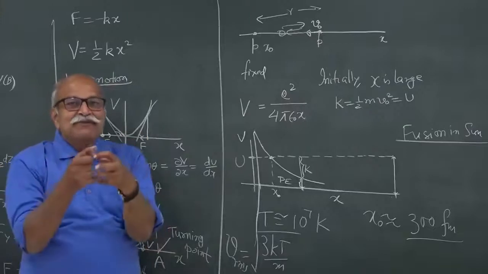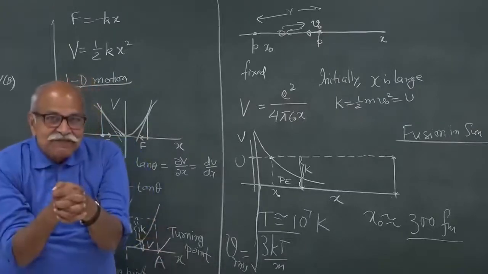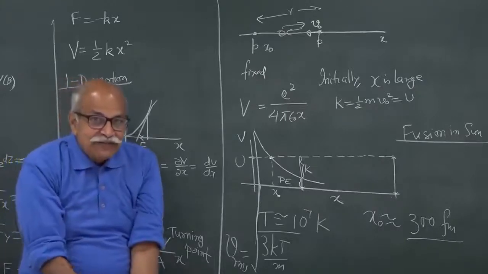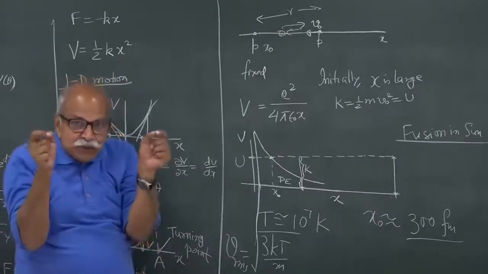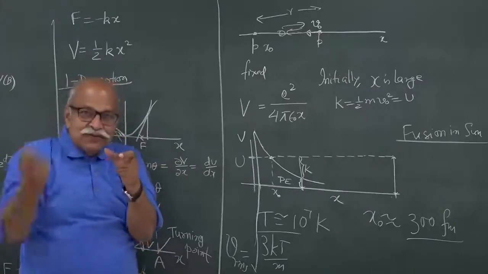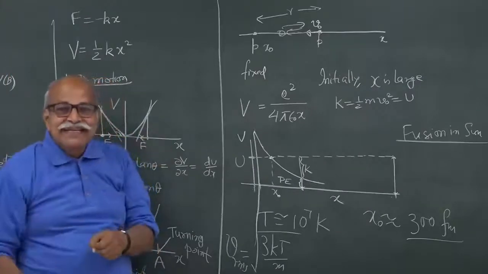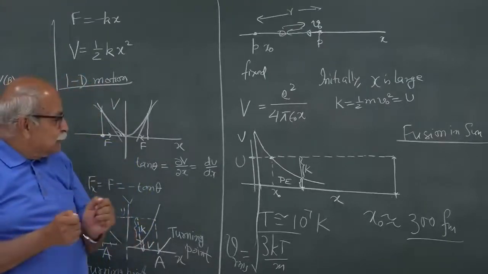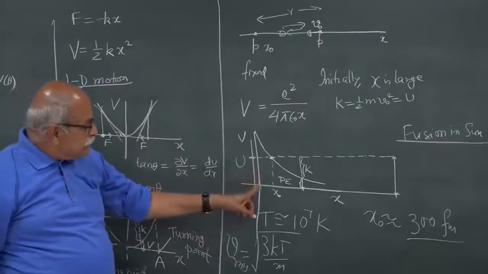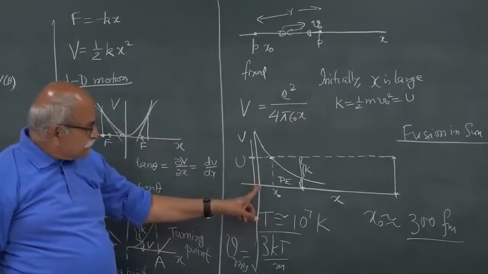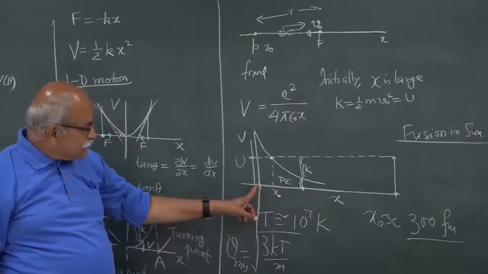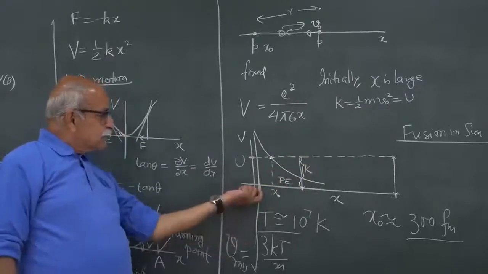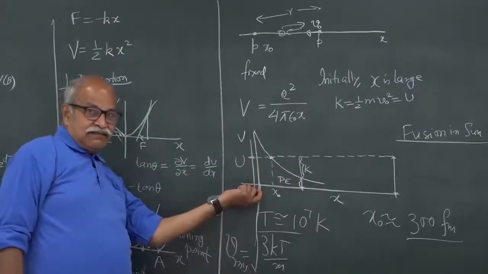If proton and proton are to fuse, for the fusion reaction to take place in the core of the sun, the first thing is that 2 protons should fuse, and after that more protons will add to make a helium nucleus. But at the first stage where proton and proton have to fuse, they must come closer to this separation. So it must reach somewhere here, but x naught is 300 femtometers and this is 1 or 2 or 3 femtometers.